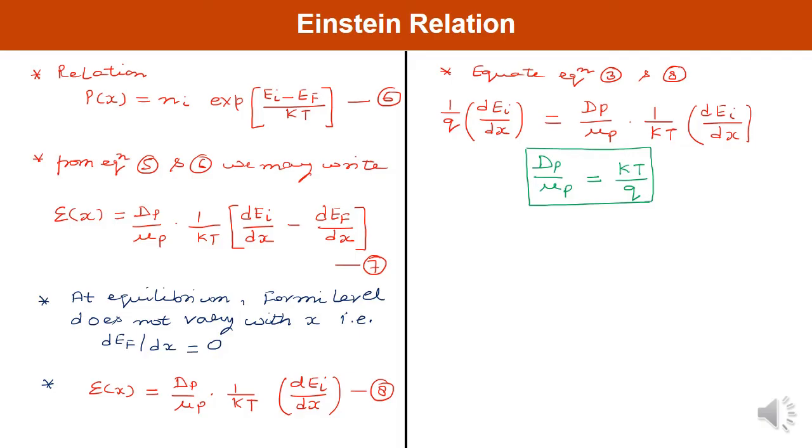In general, you can write down, so here you have written this particular equation in terms of the holes. So in general, we can write, sorry, this must be D, let me erase it.